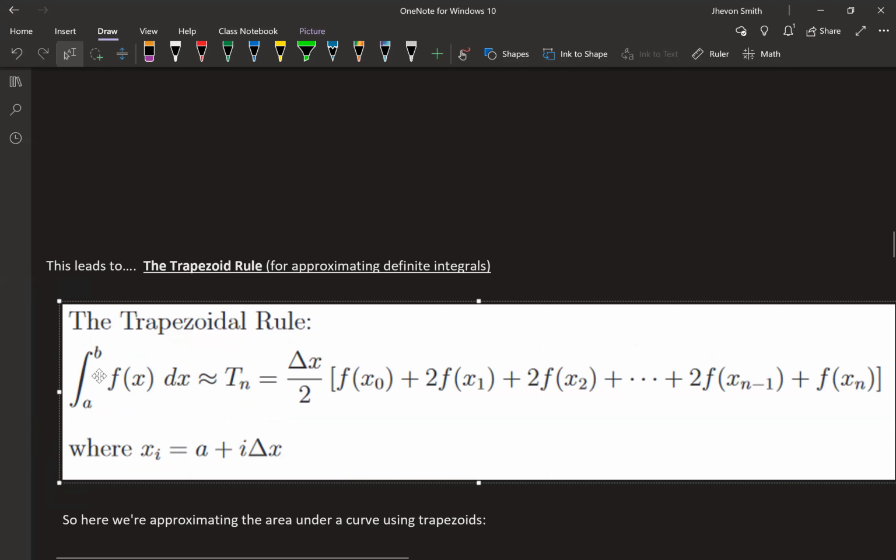So the definite integral from a to b of f of x dx is approximately equal to t sub n. This represents the trapezoid approximation with n subintervals, and it's going to look like delta x over 2 times the sum shown. Here, your xi are just the x values for the subintervals, and it goes without saying, but your delta x is going to be b minus a over n.